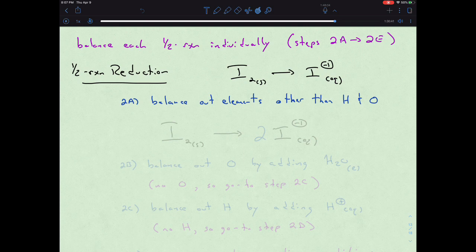So that's really looking at the iodine. So our half reaction would develop a little bit further to show that we would be having 2 of those iodides being produced because of that balancing of elements.